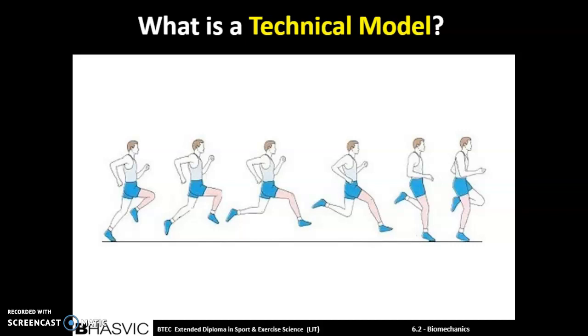Another way of creating a technical model will be to look at literature-based information. You can find many types of coaching manuals and various coaching courses that teach a coach how to instruct their athletes and explain what an athlete should be doing ideally. Places like the national governing bodies for sport or the national coaching qualification at various levels can provide literature with coaching points on how a skill should be done.